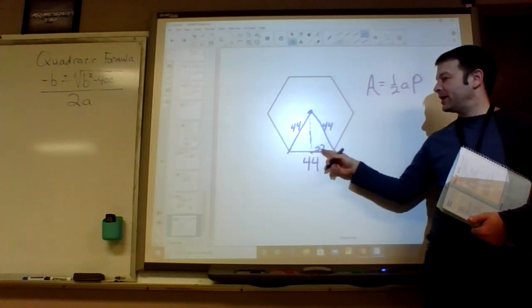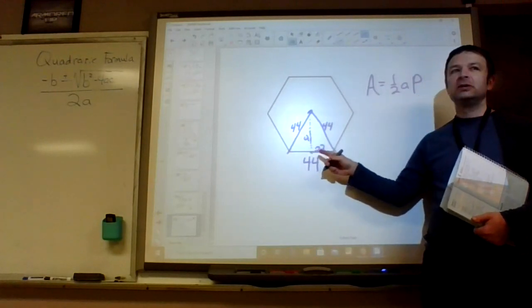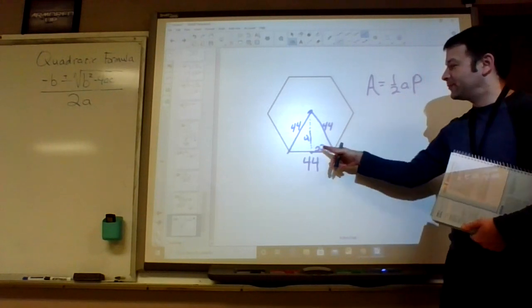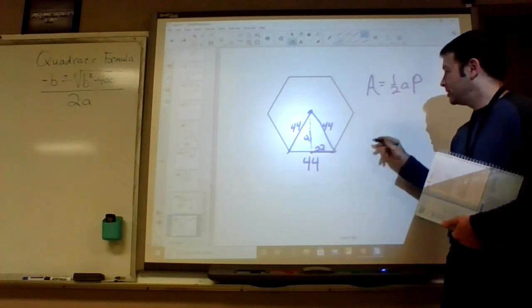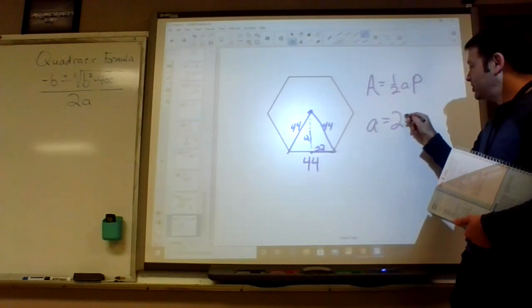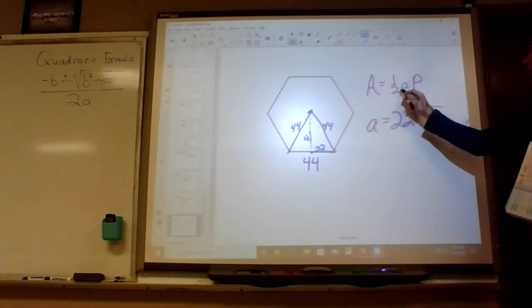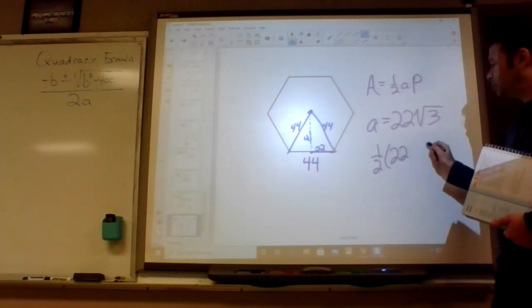We could use the Pythagorean theorem to help us find the height of the triangle. It would just be 22 square root of 3. That's the fast-forward trick for equilateral triangles. So the apothem is 22 square root of 3. The area is 1/2 times 22 square root of 3 times the perimeter.